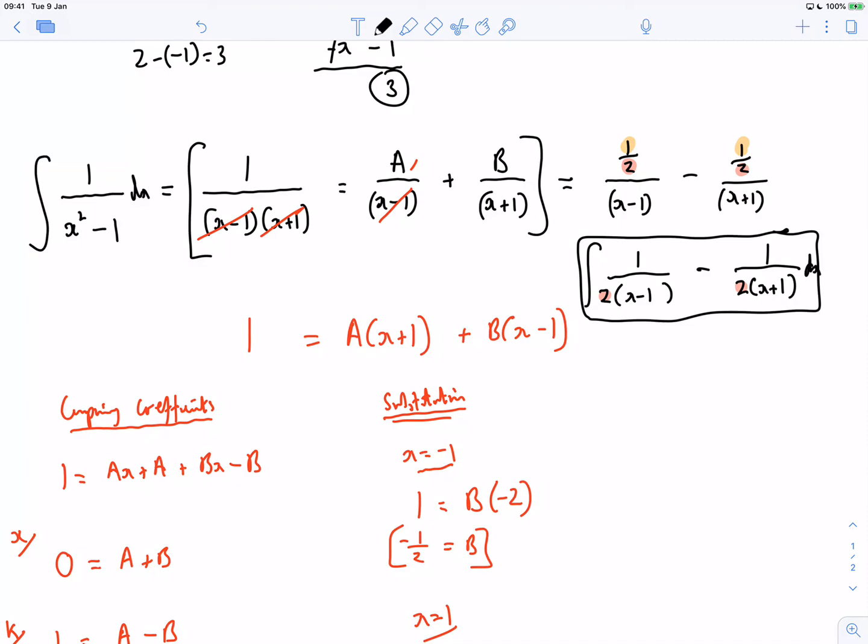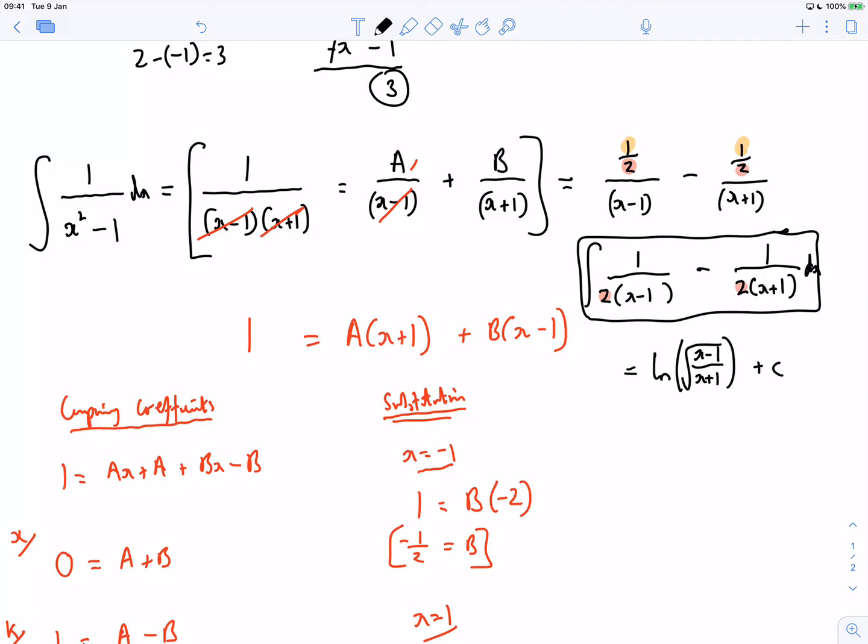You'll learn how to integrate simple algebraic fractions like that. They're just going to be logarithms. If I was going to do it by eyeball, this is going to become ln of x minus 1 over x plus 1 square rooted plus a constant. And later on you'll figure out why that's the case.